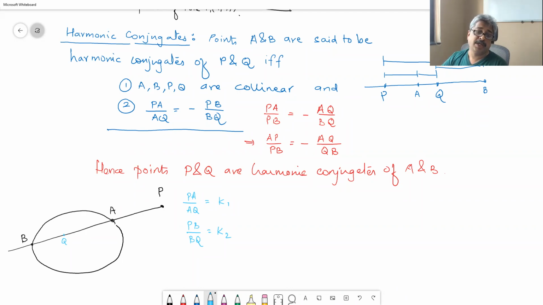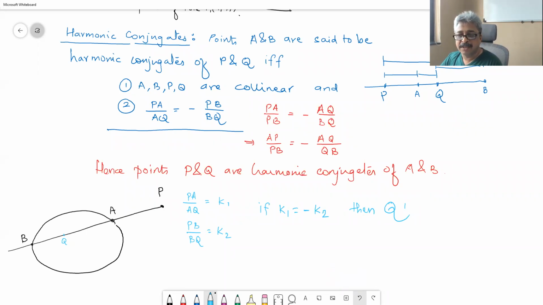But suppose K1 is equal to K2, or maybe the absolute value of K1 is equal to the absolute value of K2 and they are opposite in sign, or maybe I am making it too complicated, if K1 is equal to the opposite of K2, then Q is what?